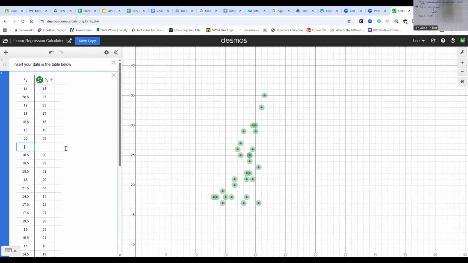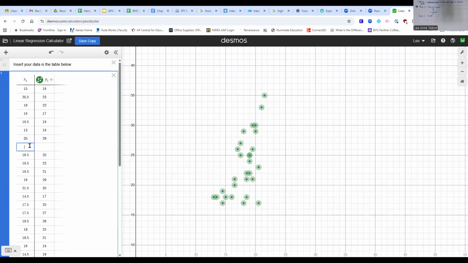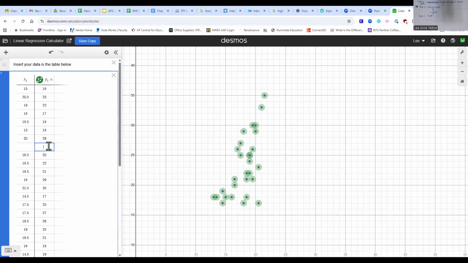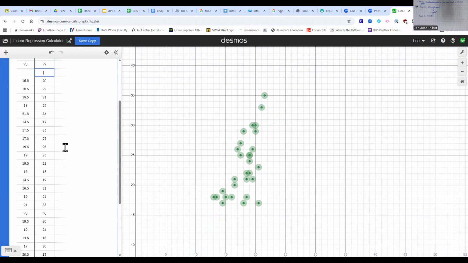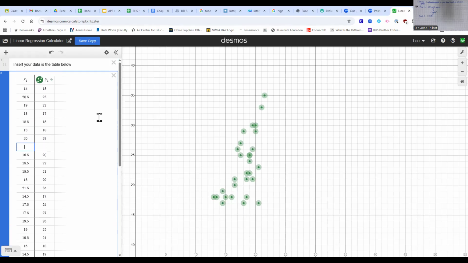Oh no. Oh no. How do I take it out? This is trying to make it extra complicated. I know. Desmos hates me. Okay, what was it again? 19.540?